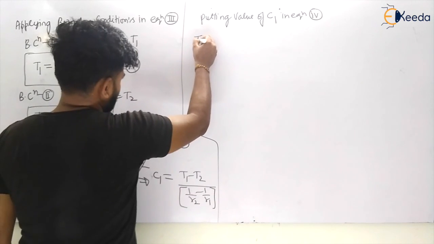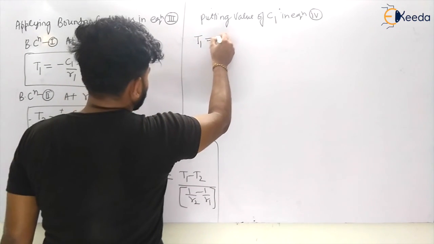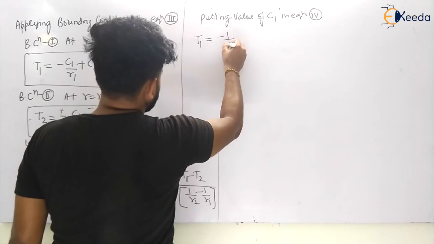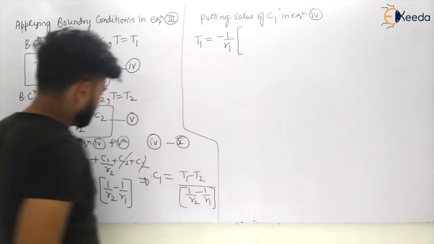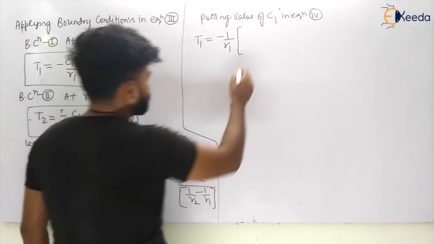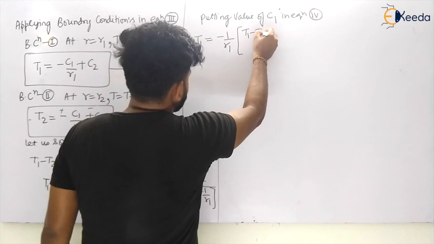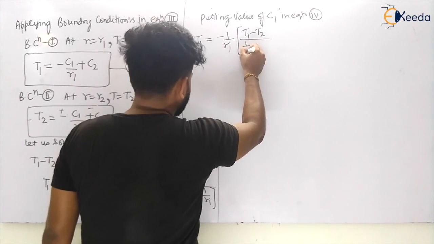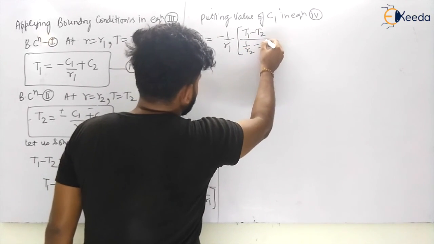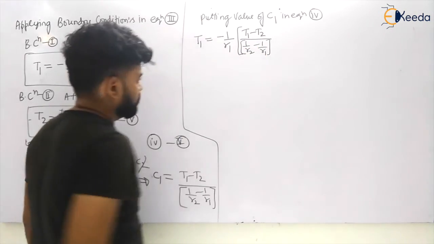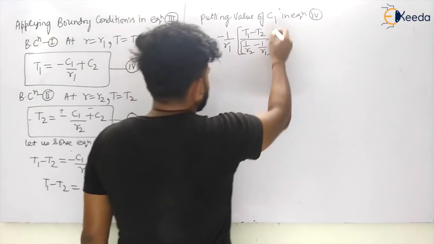T1 is equal to minus 1 upon R1. And what is C1? C1 is equal to T1 minus T2 divided by 1 upon R2 minus 1 upon R1, my dear students. Okay, 1 upon R1.